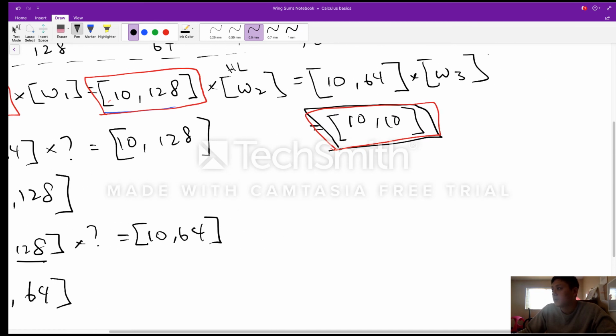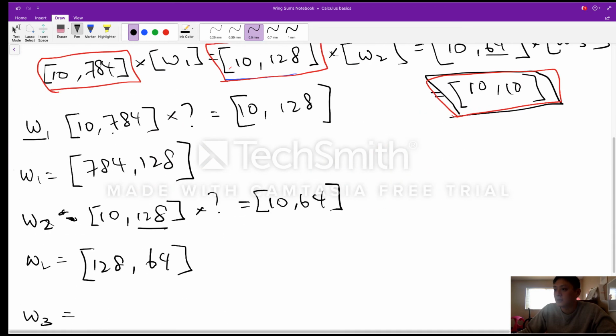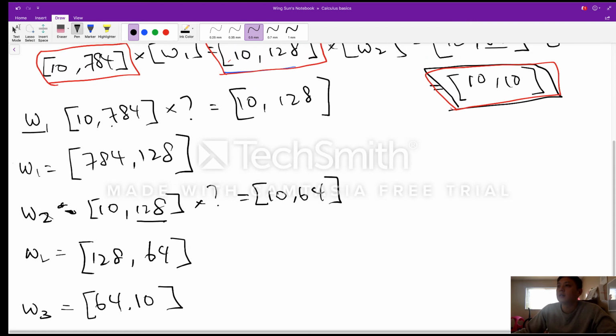It has to be 64 in the input, and the output is 10, so W3 is 64 by 10.